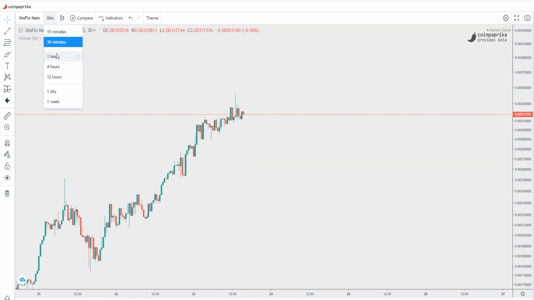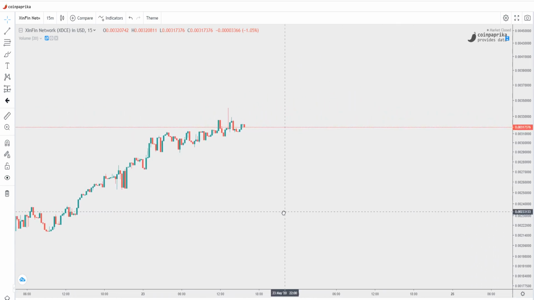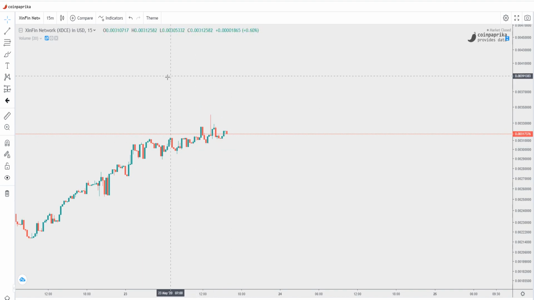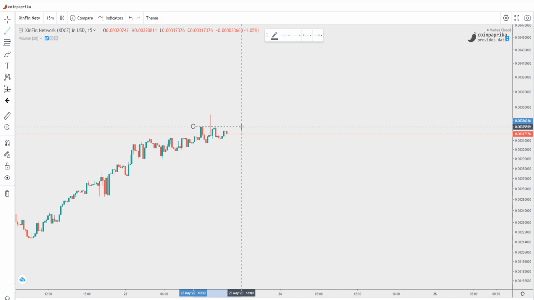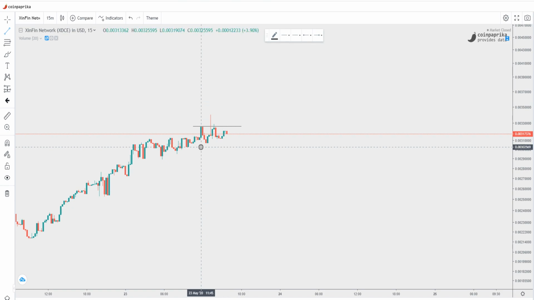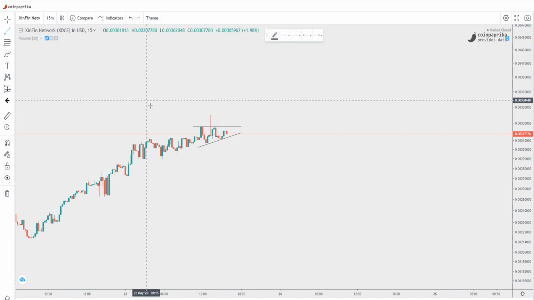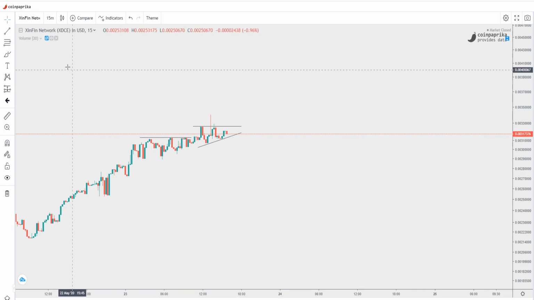Let's take a closer look. Okay, so here we are going tight again, but the problem is that the ranges are too small, which gives us the following.